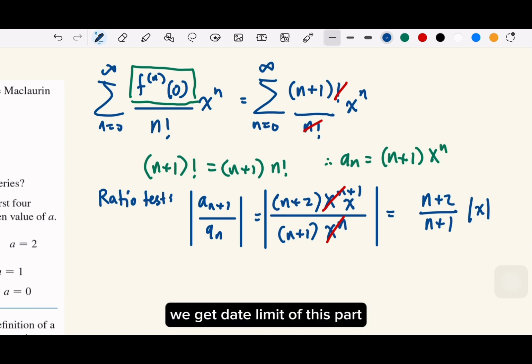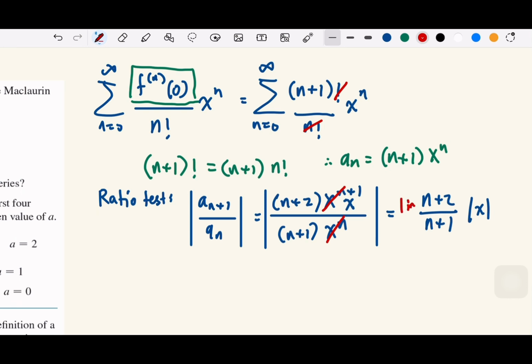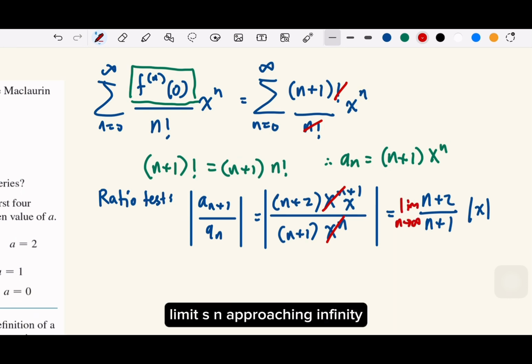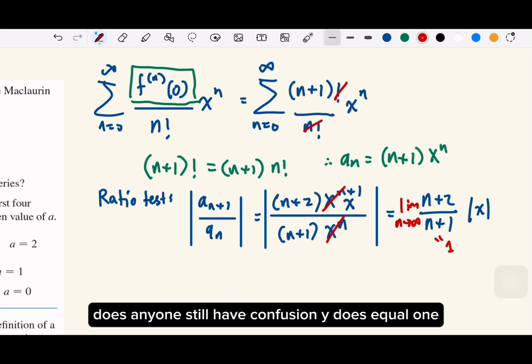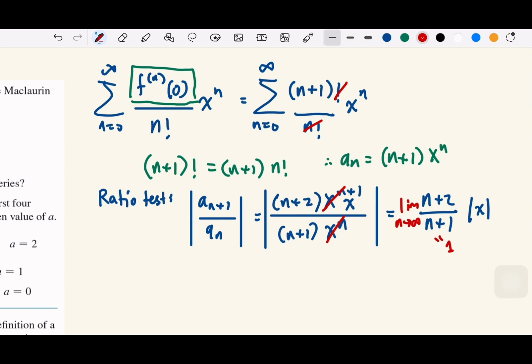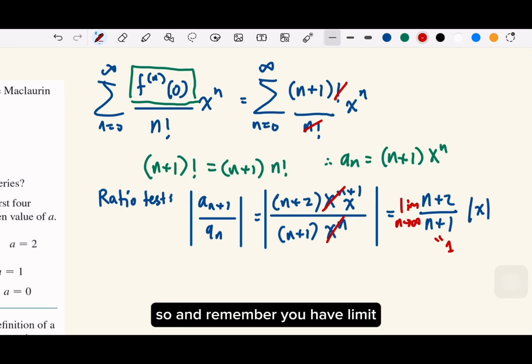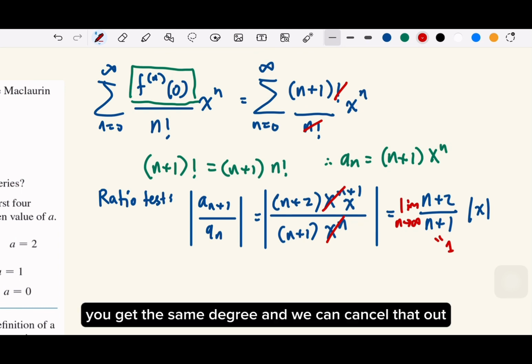We could take the limit of this part, the limit as n approaches infinity, which gives you 1, okay? Does anyone still have confusion why this equals 1? Remember, you have a limit of polynomials. If you have the same degree, then we can cancel that out.